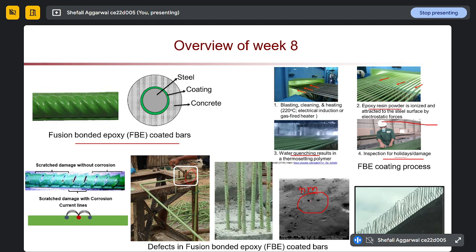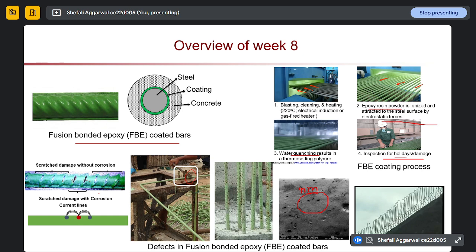And what will happen if these small holidays are there? In this case, if you see, this is a scratched surface. However, there are chances of small holidays here. That small holiday will create a galvanic connection. The rebar below this holiday or below this scratch will start behaving as an anode and will initiate corrosion without even the ingress of chlorides.